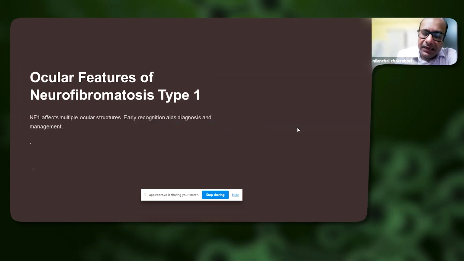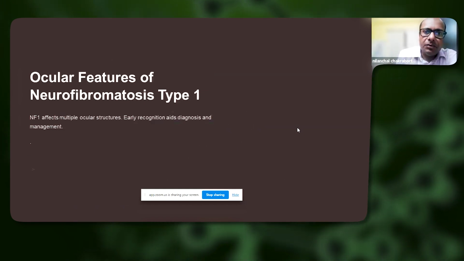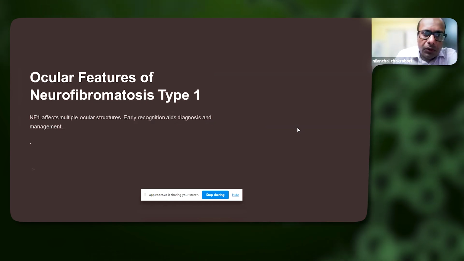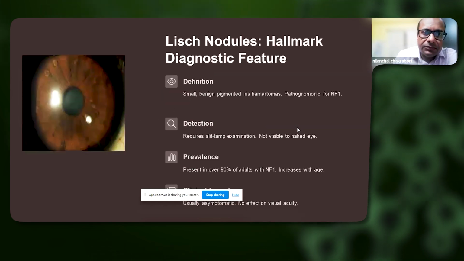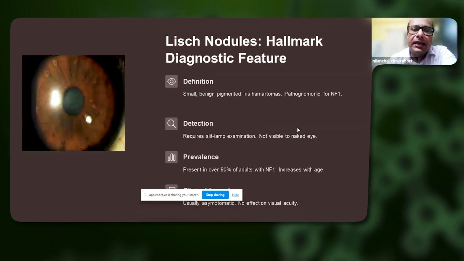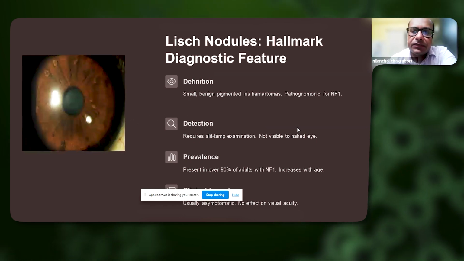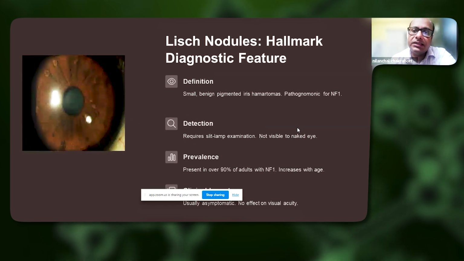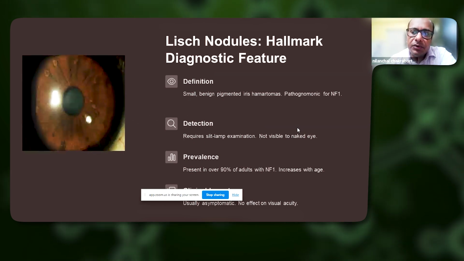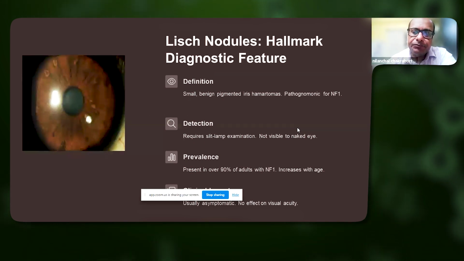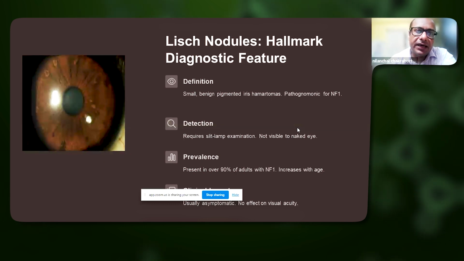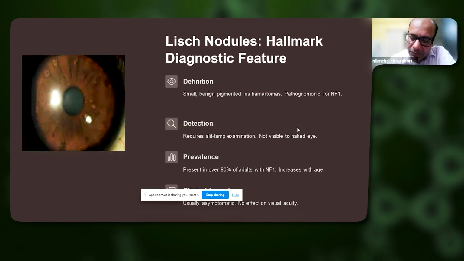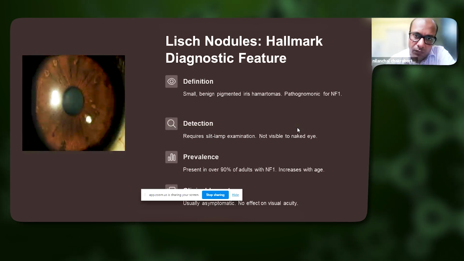Other than that, multi-system disorders like neurofibromatosis type 1 can also present with ophthalmological and other neurological symptoms, like Lisch nodules in the iris, which are small benign pigmented iris hamartomas, along with other features of neurofibromatosis. So if the question describes Lisch nodules on ophthalmoscopy, the diagnosis will be neurofibromatosis type 1.